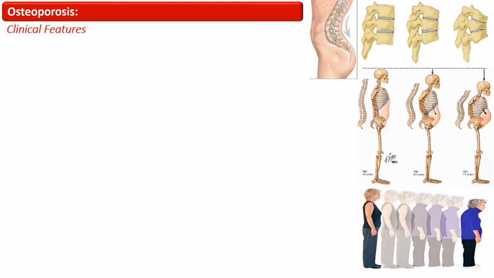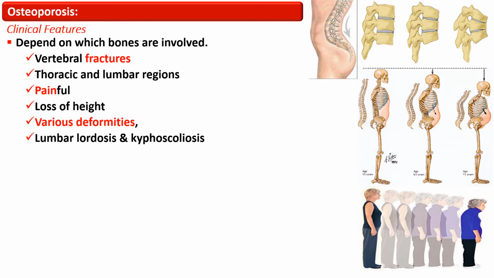As far as clinical features are concerned, clinical features of osteoporosis are dependent on the bone which is involved, and these include vertebral fractures. The vertebrae of the thoracic and lumbar region are involved, and these are painful and result in loss of height and can result in various anatomic deformities such as lumbar lordosis, scoliosis, or kyphoscoliosis.